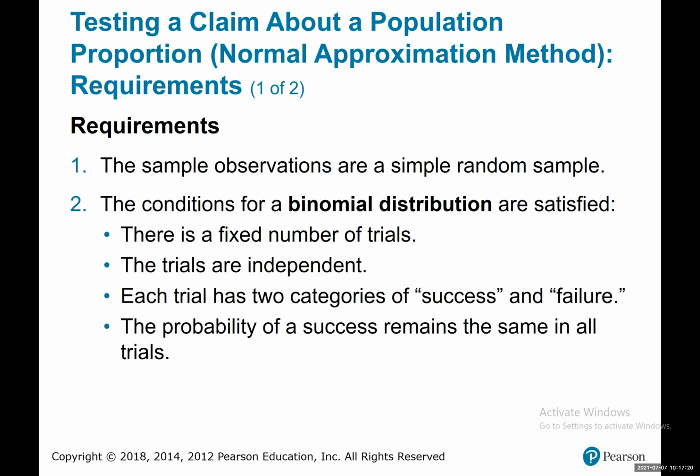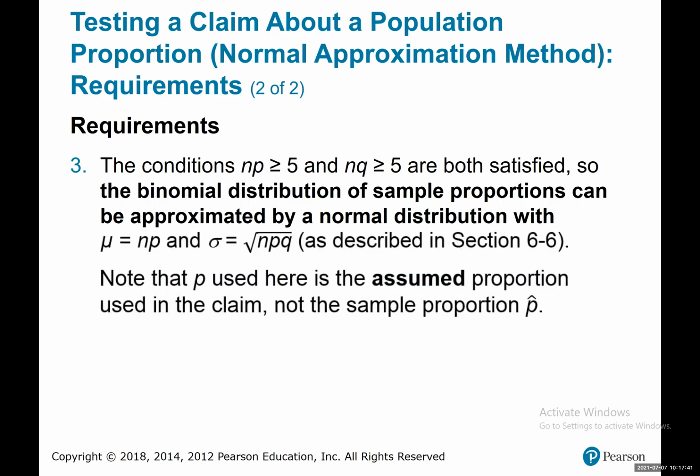Trials are independent, meaning if one person is comfortable or uncomfortable, the next person is independent of the first. Two success and failure categories means either they like the drone deliveries or not. And then the probability remains the same. The conditional requirement here is that failures and successes are both greater than 5.